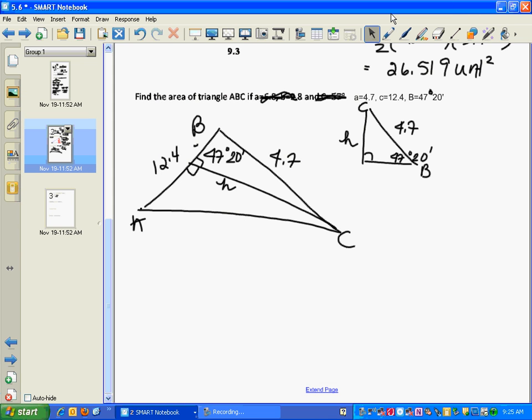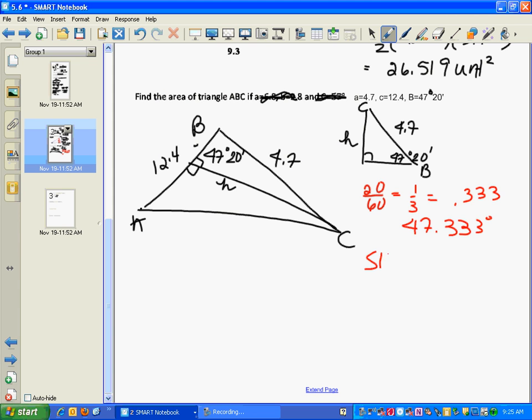All right, so I guess we have to convert 20 minutes into a partial degree. So 20 over 60 is 1/3, which is 0.333. So we've got 47.333 degrees. Would you agree? All right. So I'm going to have to figure out the height.